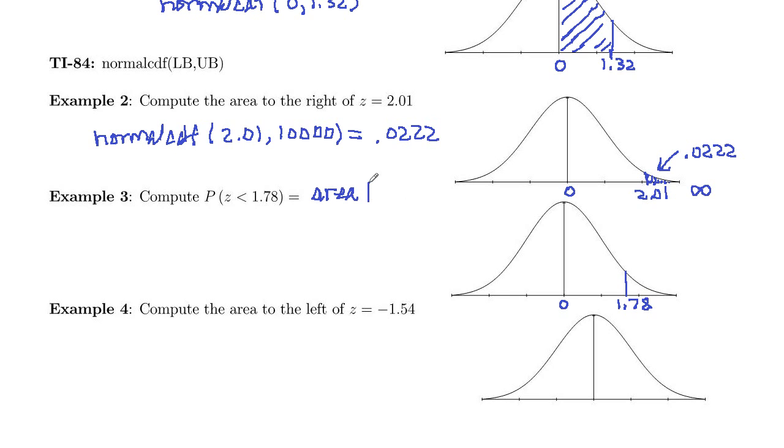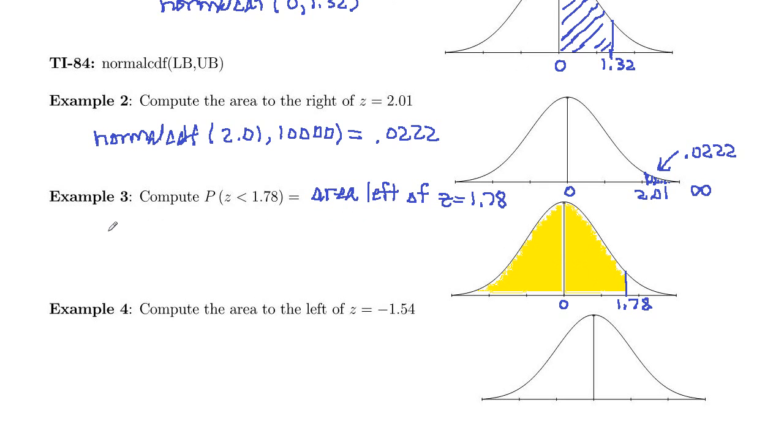It's the area to the left of z equals 1.78. So that's going to be all this area here. Well, here I can actually dump some color in there. So that's going to be that yellow area.